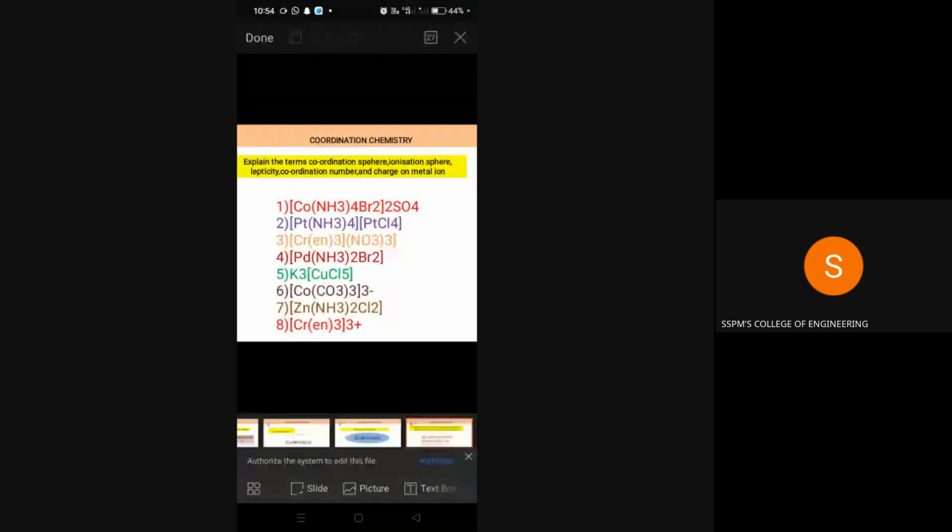Now see the first example. In the first example, 4 ammonia molecules are attached and 2 Br are attached. So ammonia and Br are different, so it is not homoleptic. The first complex is a heteroleptic complex. Now see the second complex, that is [Pt(NH3)4][PtCl4]. Two complexes are combined here. So [Pt(NH3)4], which is the first complex, is it homoleptic or heteroleptic?